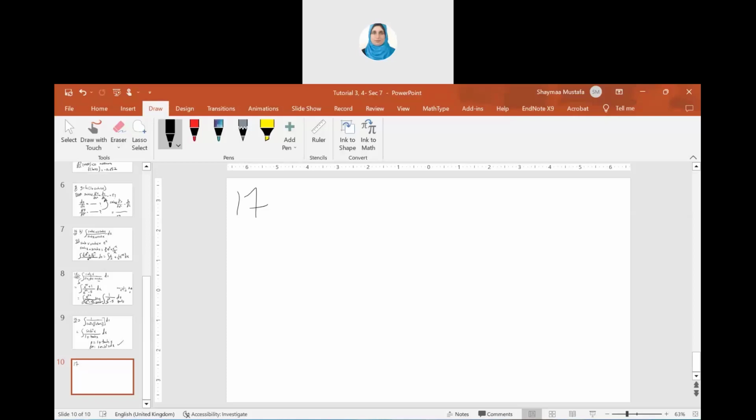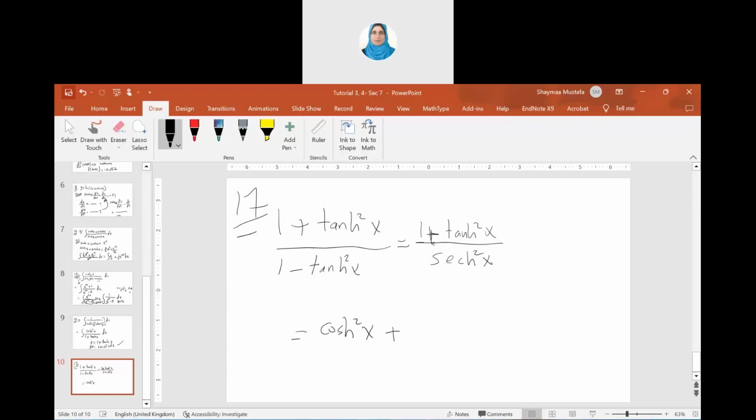Okay, to show this one you need to use the identities. You have to use the identities. 1 plus tan square x is sec square x. So with this one, 1 over sec square is cos square x, plus tan square over sec square.